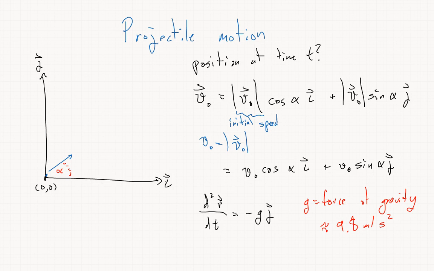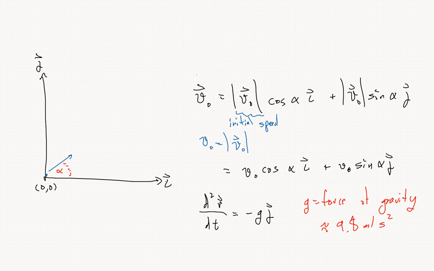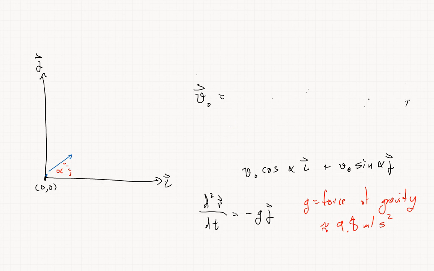So to find the position, we will integrate the acceleration twice. So this is our v0. Okay, so v of t is the integral from 0 to t of the acceleration, a(s) ds.